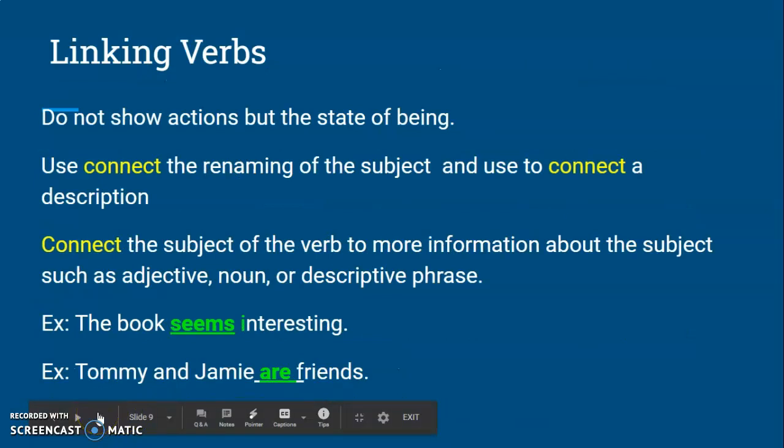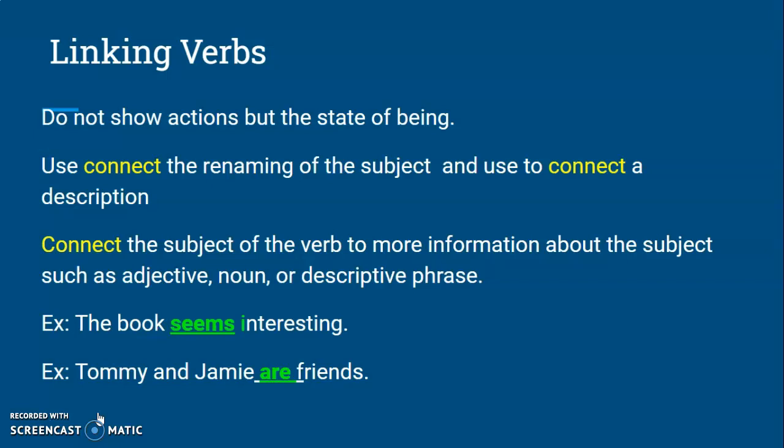Linking verbs. Well, linking verbs do exactly what they do. They link, they connect, but they do not show actions. Linking verbs do not show actions, but they show the state of being. Linking verbs we use to connect the renaming of the subject and to connect the descriptions.